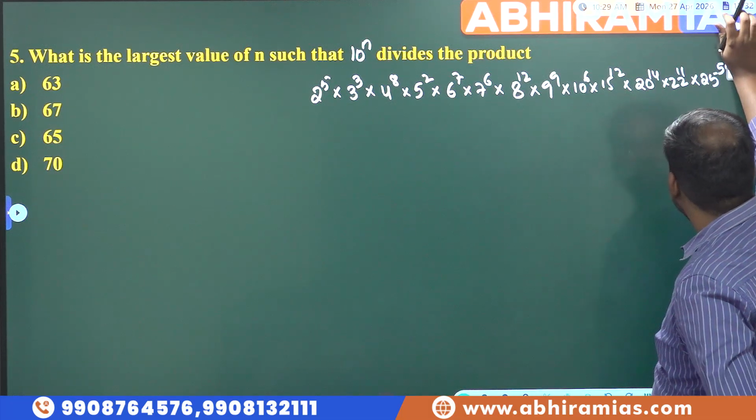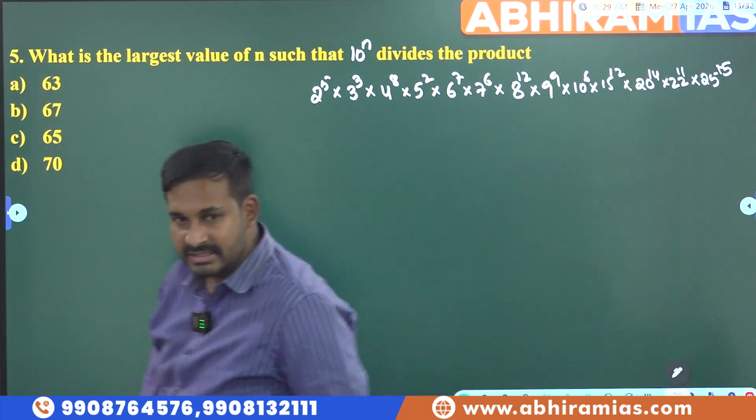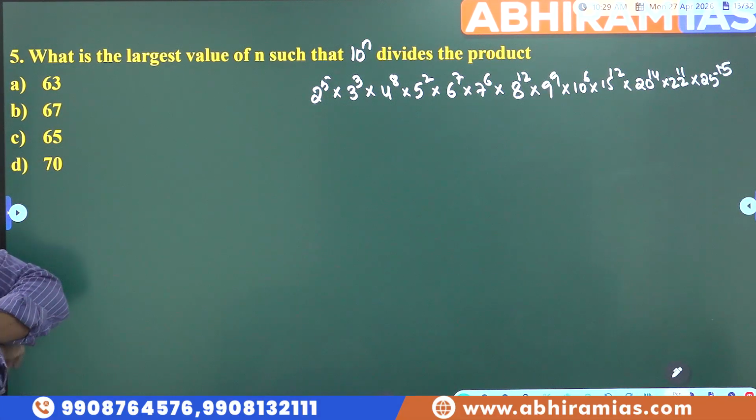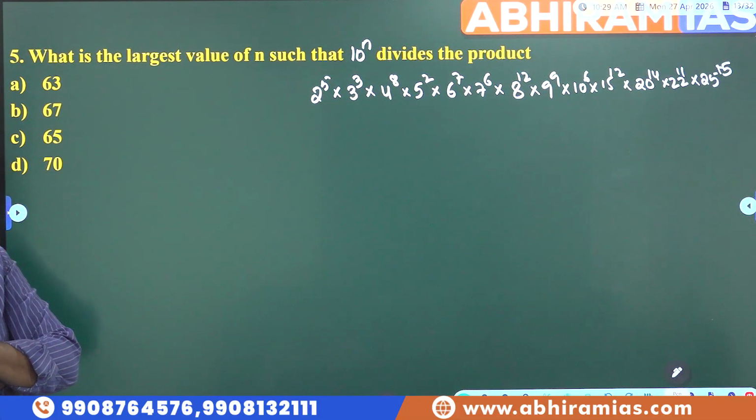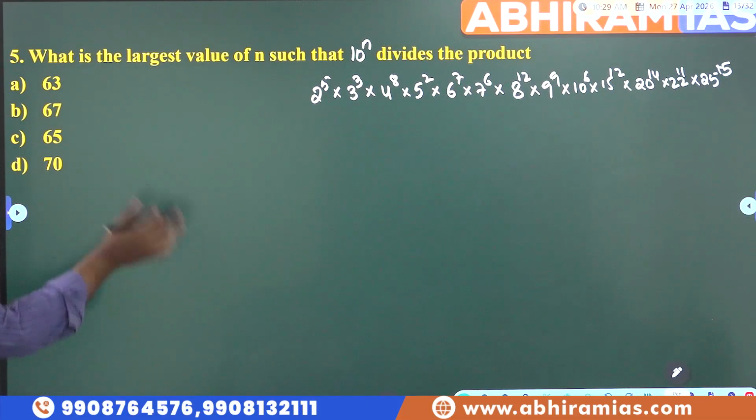Okay. This is the question for us. Now read the question once more. What is the largest value of n such that 10 power n divides the product 2 power 5 into 3 cube into 4 power 8 into ఒక్క నిమిషం ఇది వినండి, ఈ ప్రాబ్లంకి వెళ్దాం.